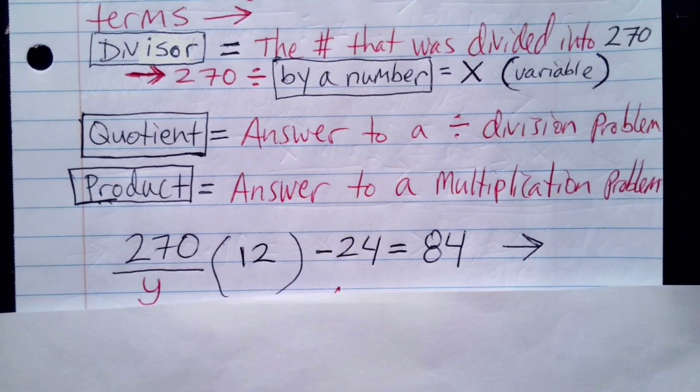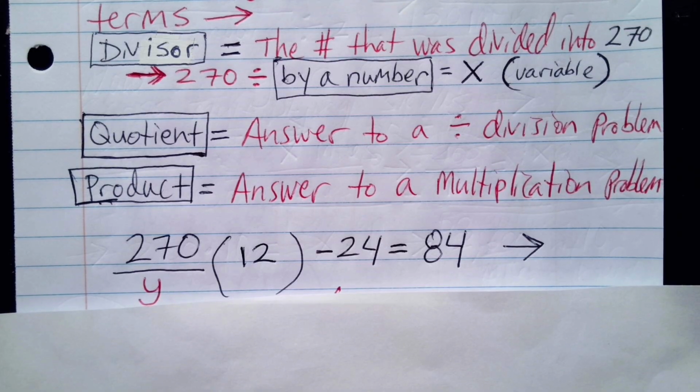It's practice, practice, practice. So order of operations first says parentheses, but there's nothing we can do inside this parenthesis. Next in the order of operations is exponents. I do not see any exponents here. So what we're going to try to do is get this y value all by itself.